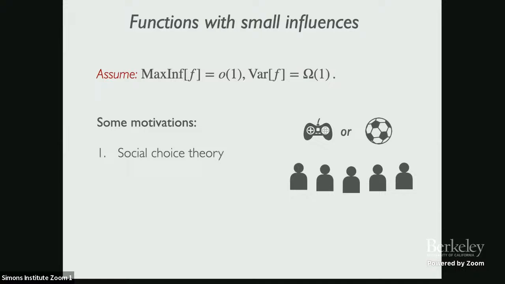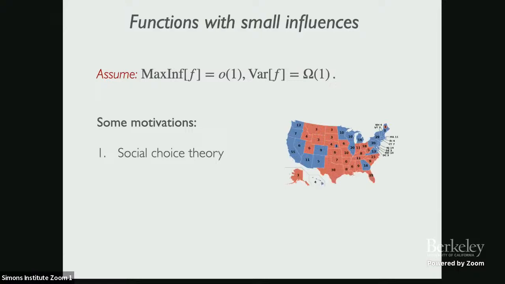You have to make a decision, so you aggregate your opinions and maybe use the majority vote to decide where to go. There are more complicated situations, and you want to design a more complicated aggregation function, like when we elect the president, maybe we have this majority composed with majority kind of function.